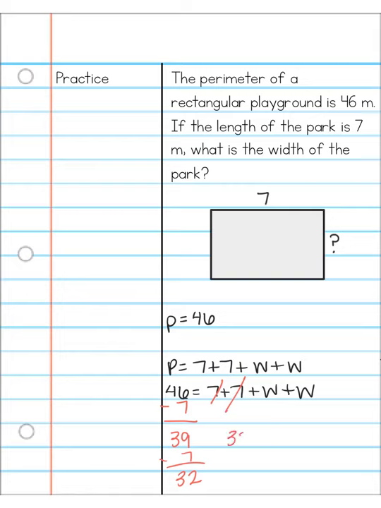So now I'm left with 32 equals width plus width, or 2W. So I need to break that 32 into 2 groups, or divide by 2. Well, 32 divided by 2 is 16. So I know my width is 16 meters.